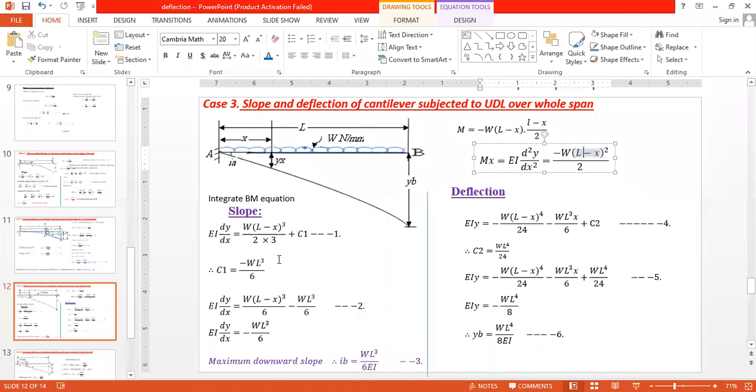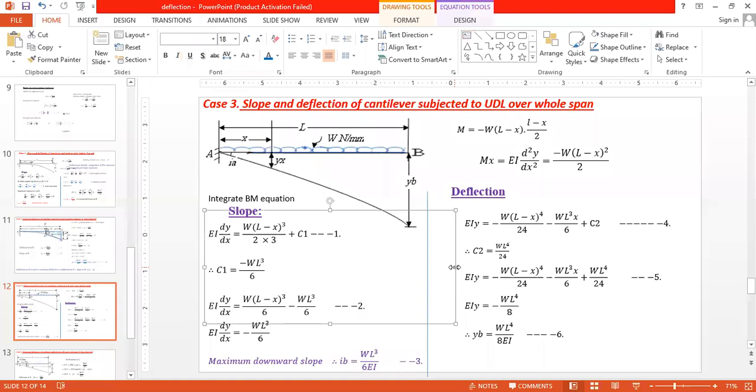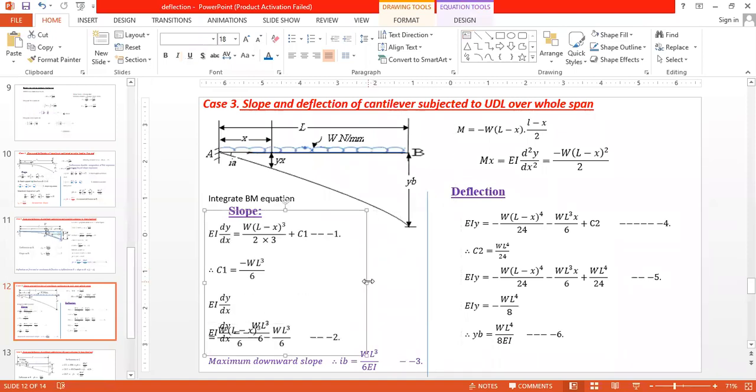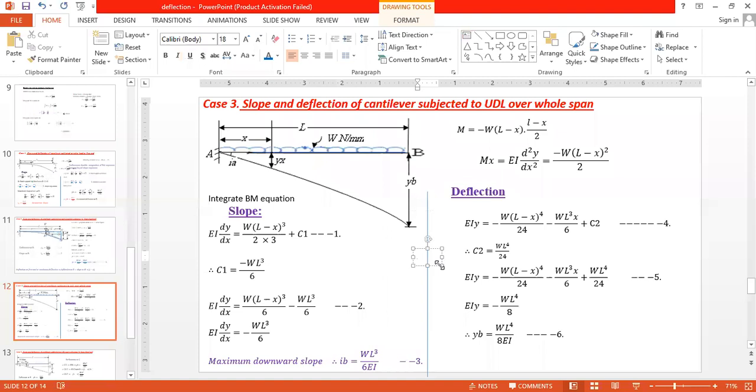Now again you use the conditions, that is at the fixed end, dy by dx equal to 0.